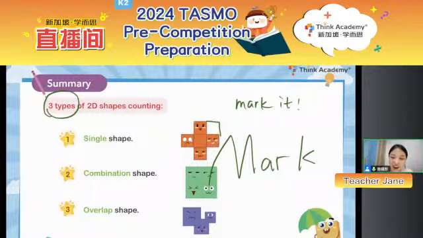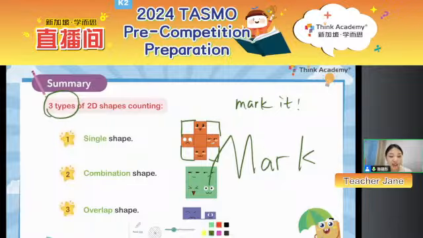And then how about this? How about this? There are how many squares? A little bit different. Okay, everyone, we can count together. Okay, so we can see 1, 2, 3, 4, 5, 6, 7, 8, 9. And then the squares also become new squares, right?